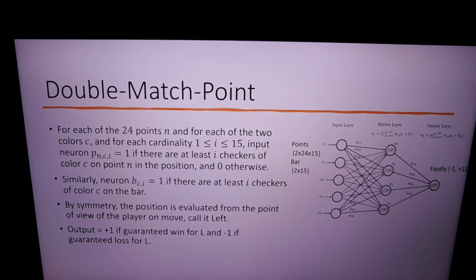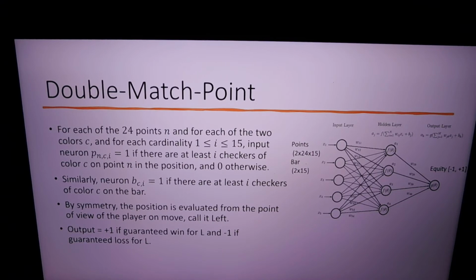Okay, let's think about the neural network for the double match point, because that's the easiest to understand. On a backgammon board, there are 24 points and the bar. For each of those 24 points, and for each of the two colors, the player could have anywhere from nothing to 15 pieces.